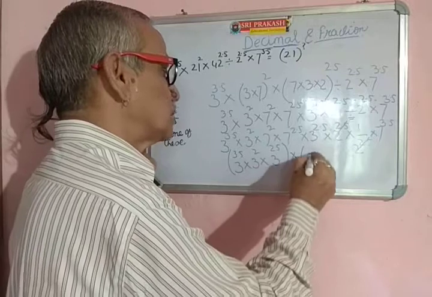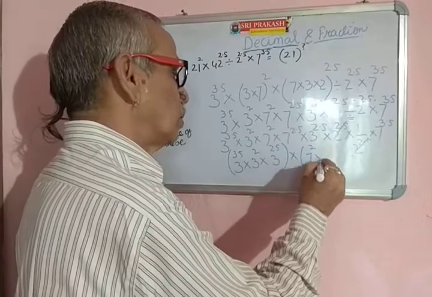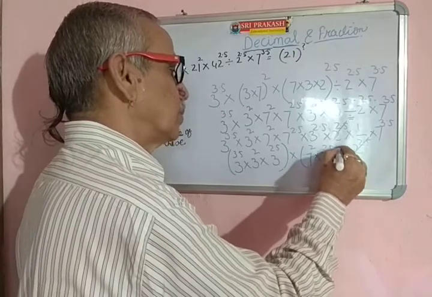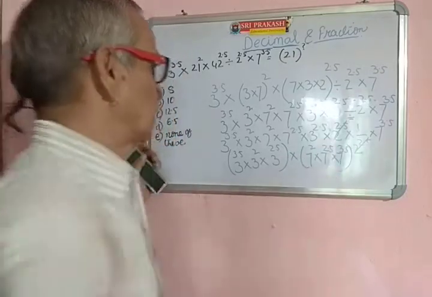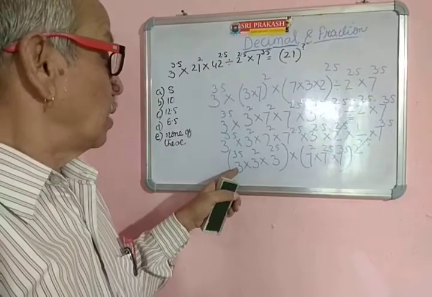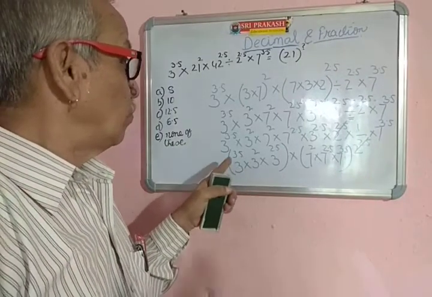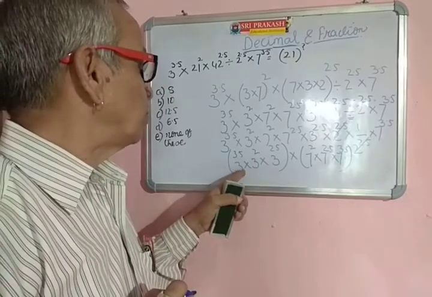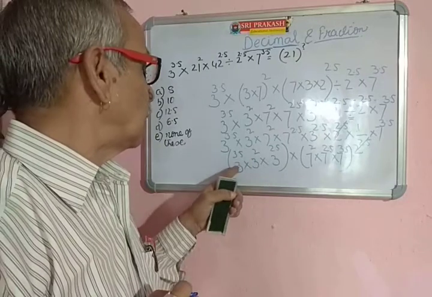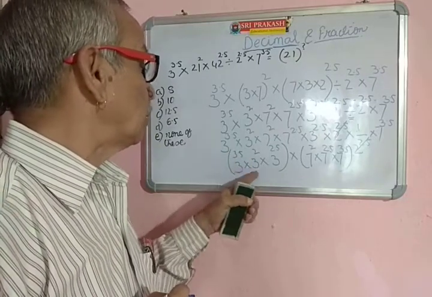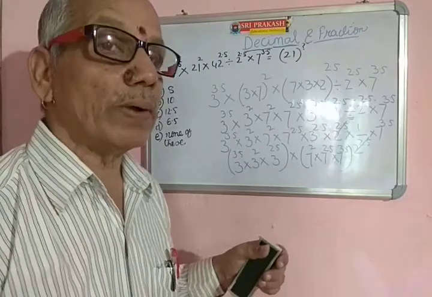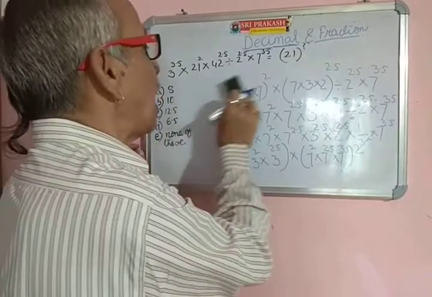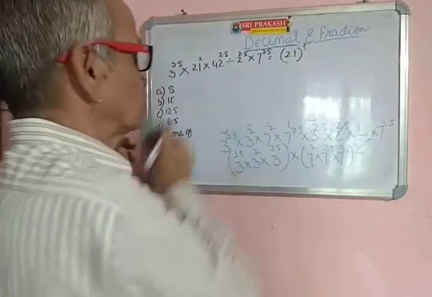Into 7 to the power of 2, 7 to the power of 2.5 into 7 to the power of 3.5. So you see, already we know one formula. What is that? A to the power of x into a to the power of y is equal to a to the power of x plus y. So here you have to add the powers.